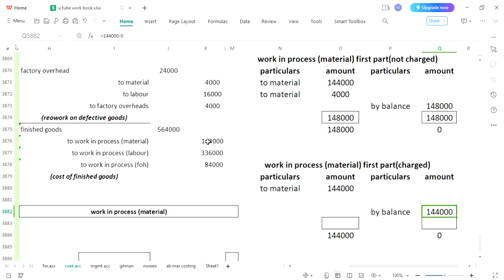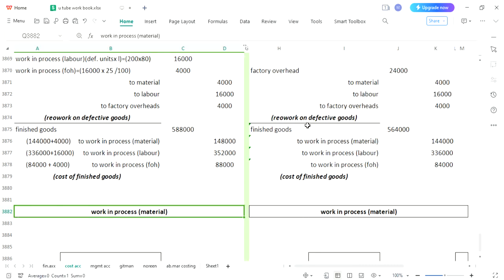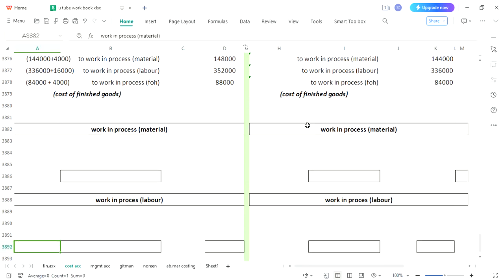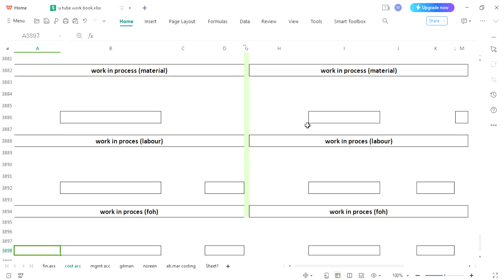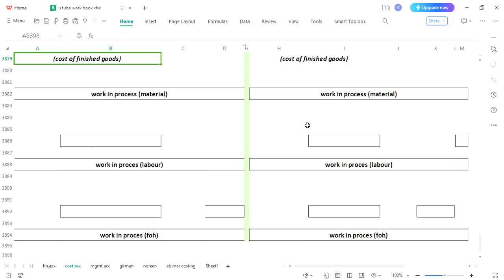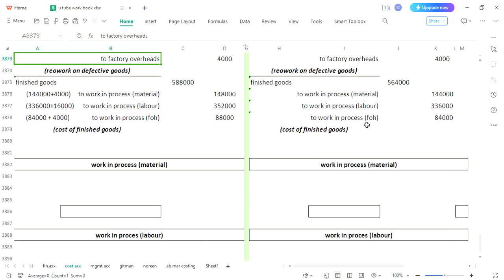And I think this is more than the 10th time I'm telling you that this ledger is compulsory. At the end of your journal entry, you will be making 3 ledgers, and I have demonstrated the work in process material ledger, then the work in process labor ledger, then the work in process FOH ledger. Balances of these ledgers would be put over here, and then the sum of these 3 amounts would be put at finished goods.